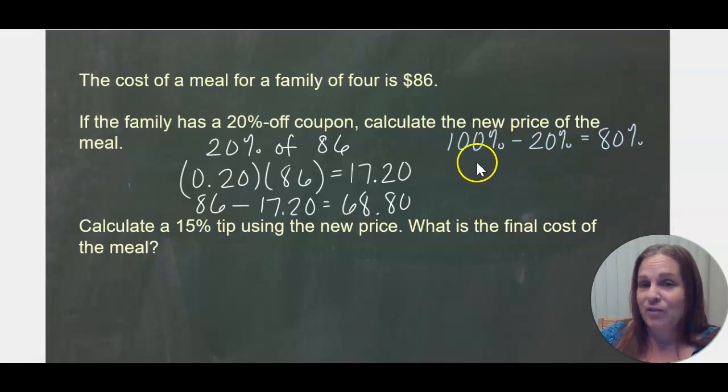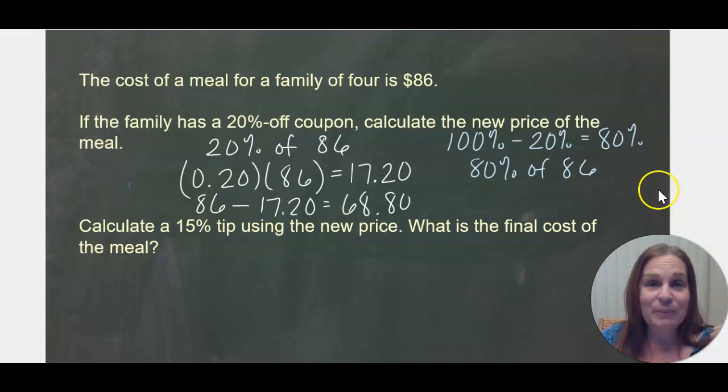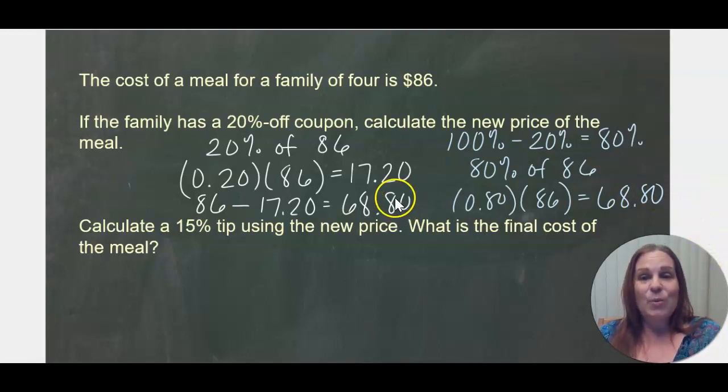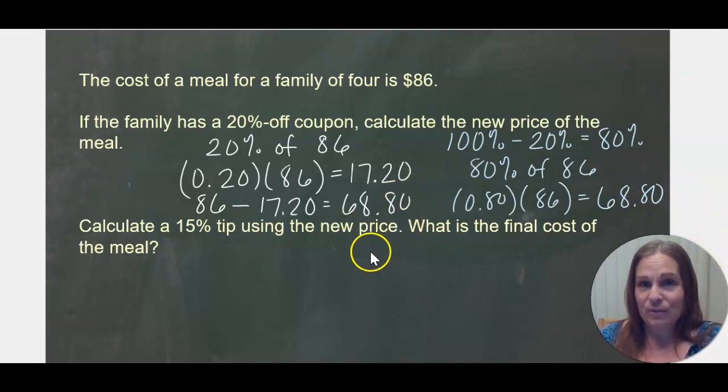So then what if I just find 80% of 86? What would that equal? Well, that would be 80 hundredths times 86, and guess what? It's 68.80. So I got to the same answer.